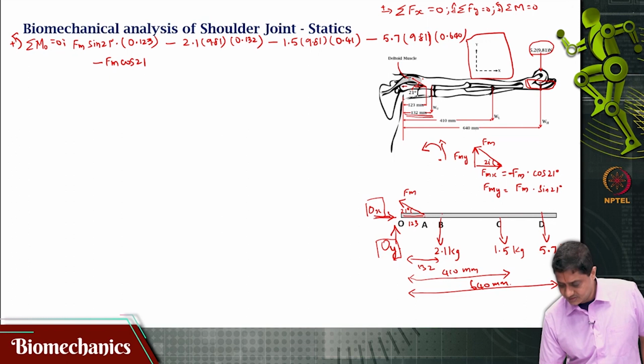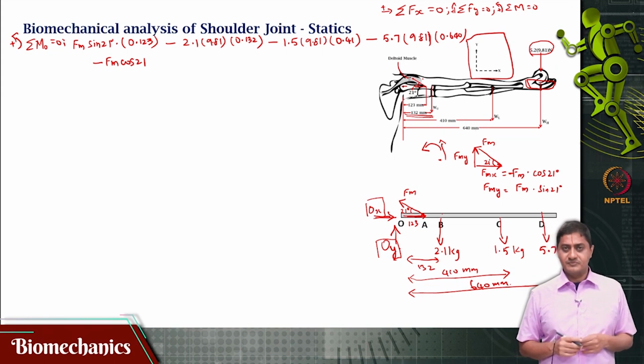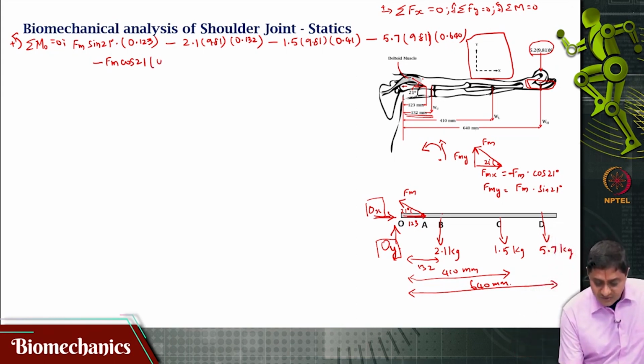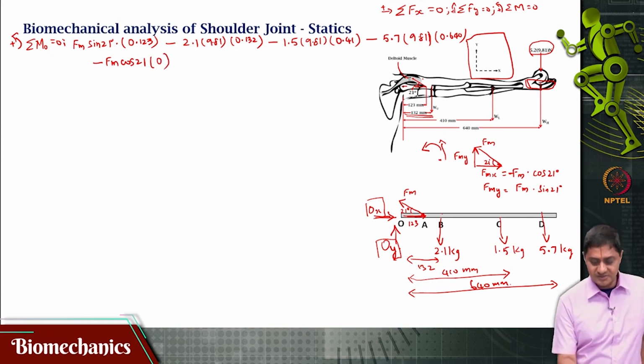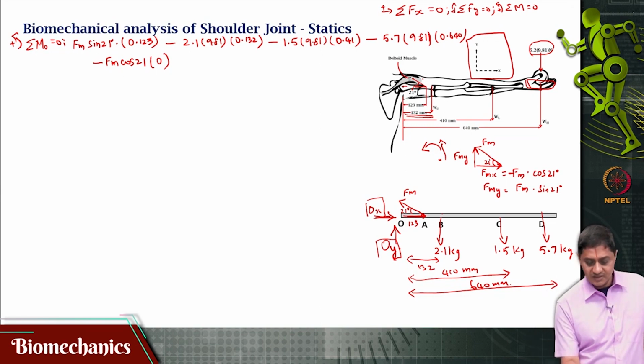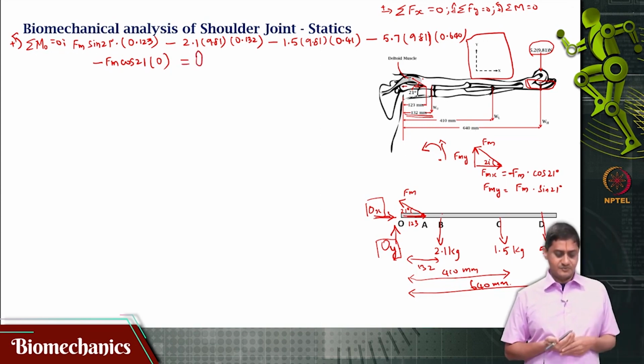This component is acting along the x axis. It is not having a moment, right? Because of that reason, this will become 0. The moment would be 0. Okay, and this whole thing sums to 0.